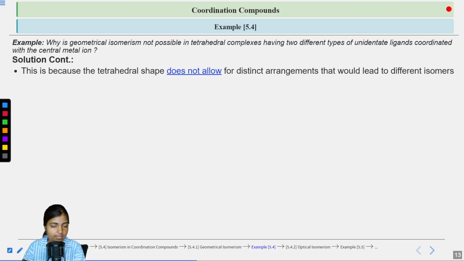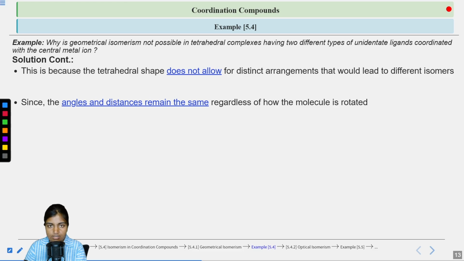Why is this happening? Because the tetrahedral shape does not allow for distinct arrangements that would lead to different isomers. The tetrahedral shape has a particular bond angle, a particular bond length, and a particular geometric arrangement of the atoms. If the complex structure does not change, it is not going to form isomers.